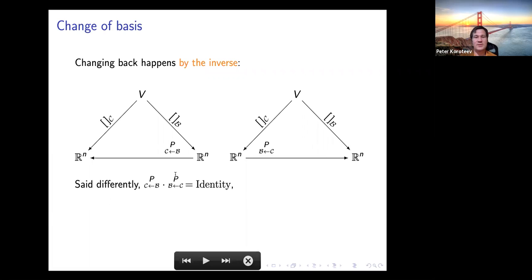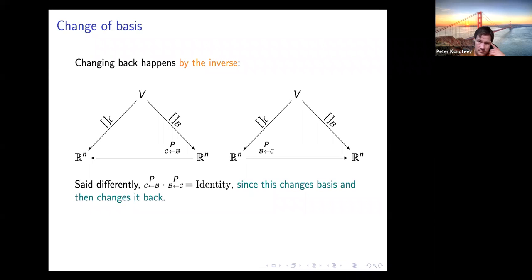So if you change basis from C to B, and then from B to C, you ought to have the same, the identity operation. So you can combine these two Rns together. You take an element from here, change it there, and then change it back. So it has to be an identity operation. So yeah, if you want to find the change of basis matrix and you know the other one, you just do the inverse.